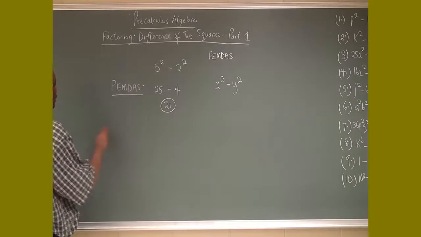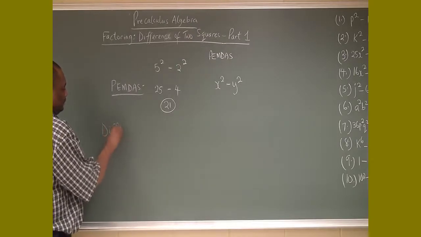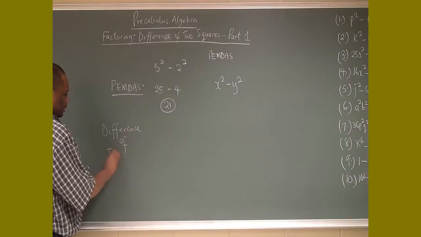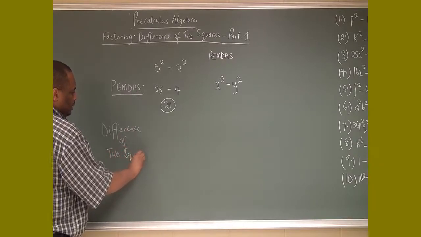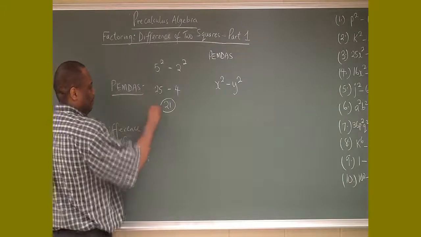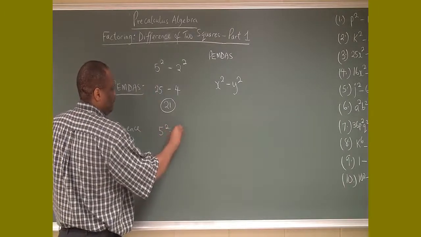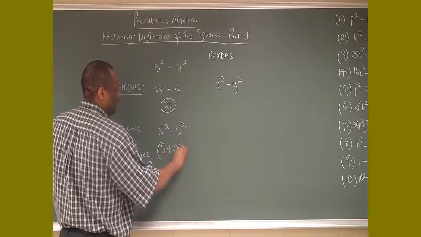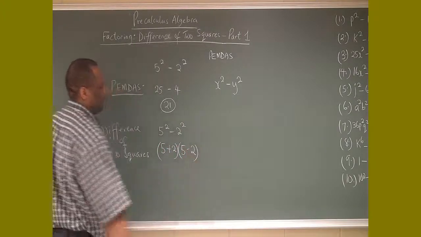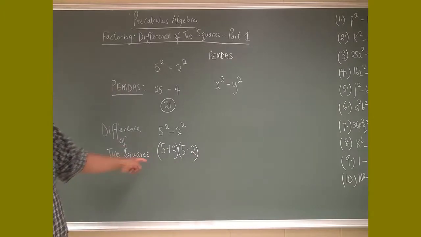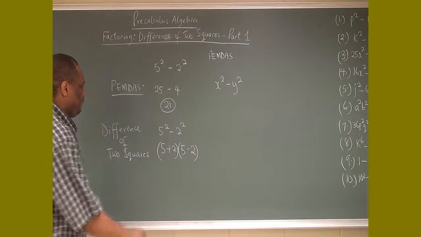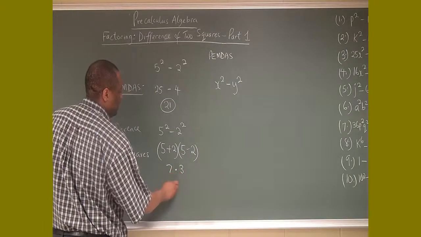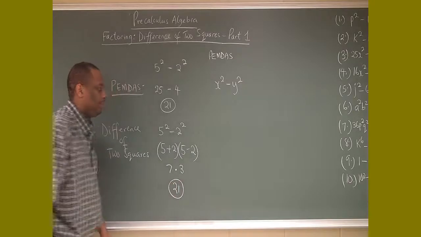If we now use the difference of two squares here, 5 squared minus 2 squared will be 5 plus 2 times 5 minus 2. And 5 plus 2 is 7, times 5 minus 2 is 3. 7 times 3 still gives you 21.